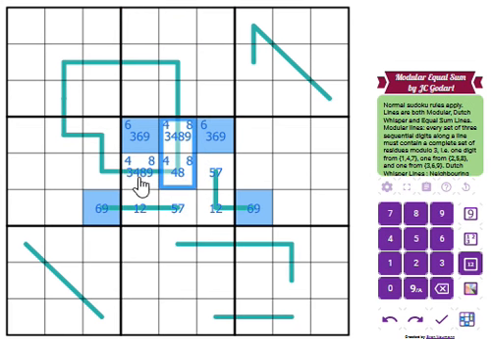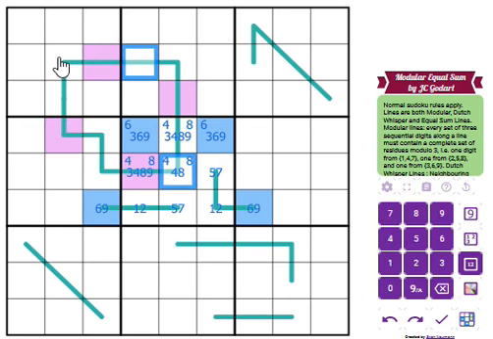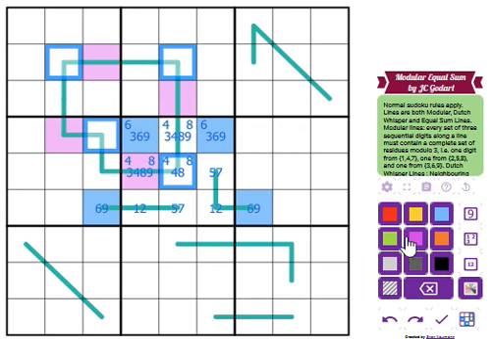So this would be 9, 4, 8. So these are the same modularity. These are the same. Sorry, these. And these are the same.